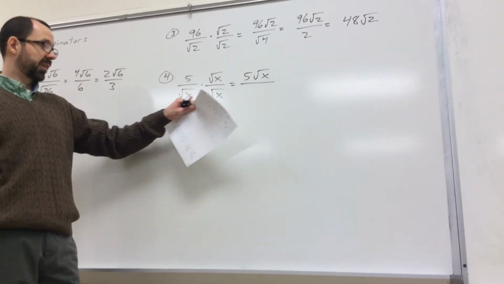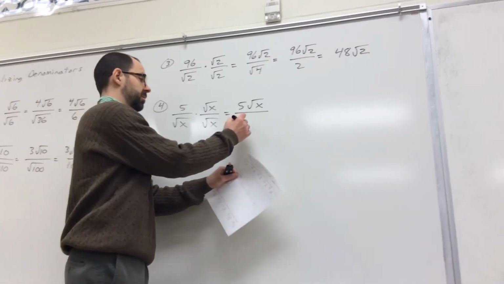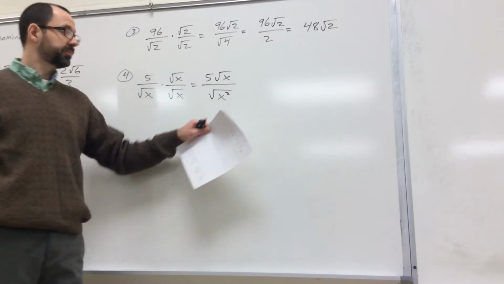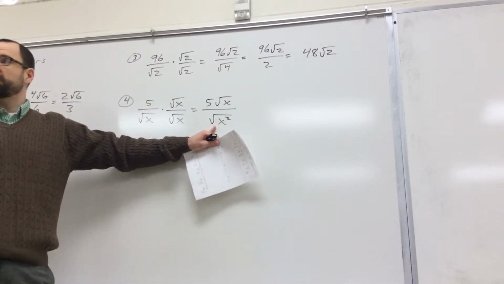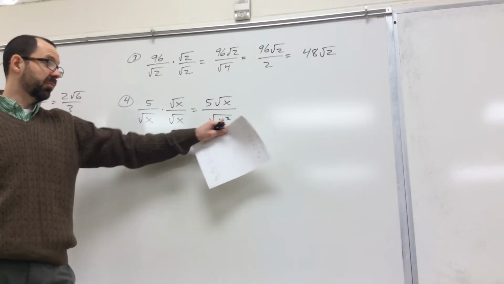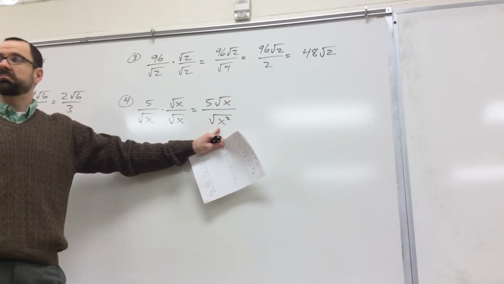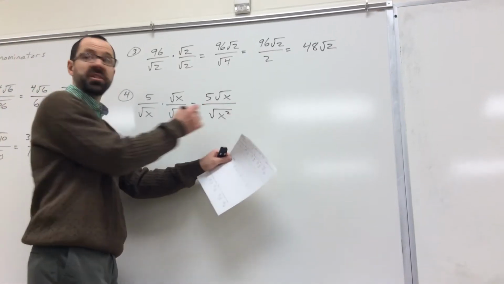The bottom is square root of x times square root of x, which would be square root of x squared, because x times x is x squared. And then what is the square root of x squared? Yeah, just plain x, right? Because the square root and the squaring cross each other out.